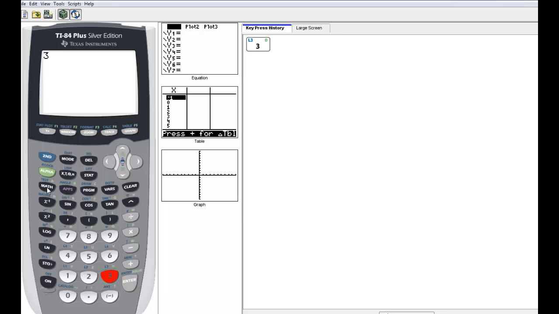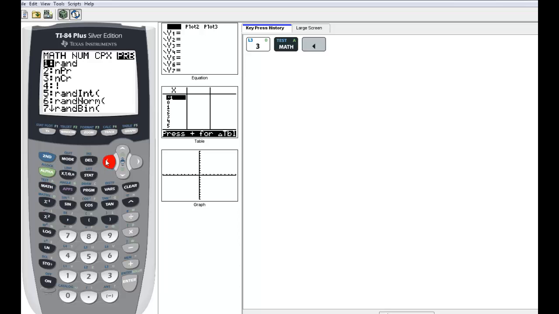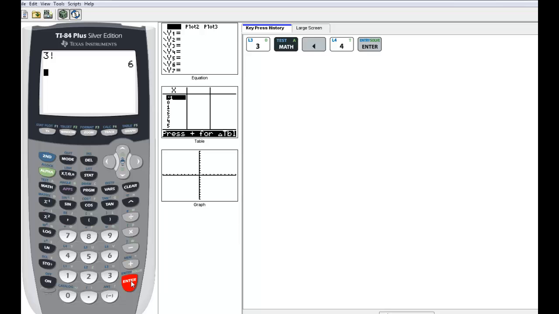Going to go over to math. And PRB is the probability menu. Number 4 has that factorial symbol. And so we don't have to type all of that in. It'll do it for us. We get 6.